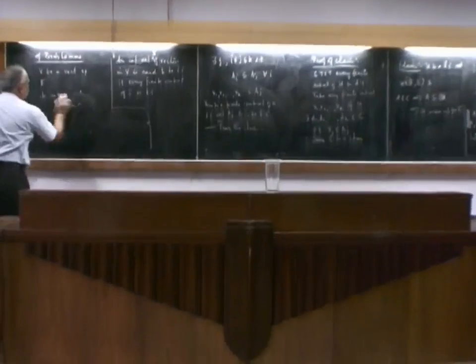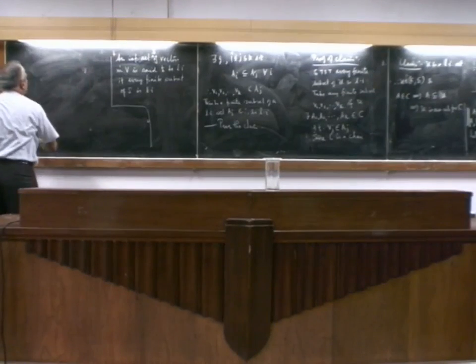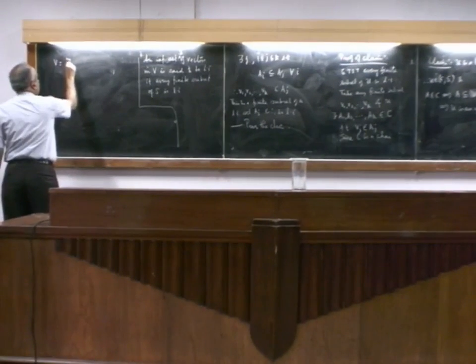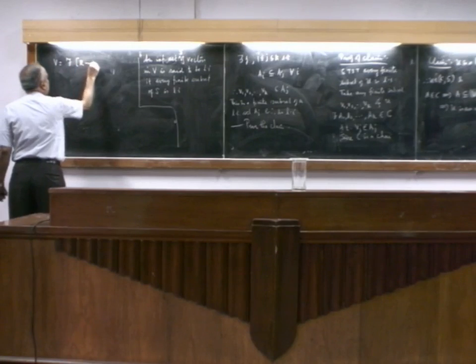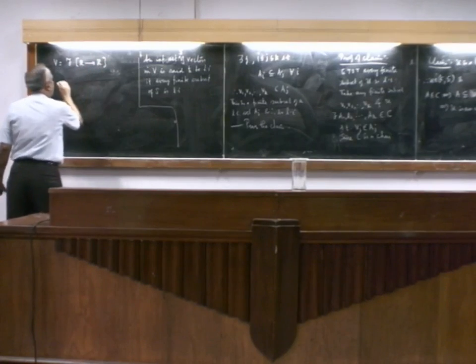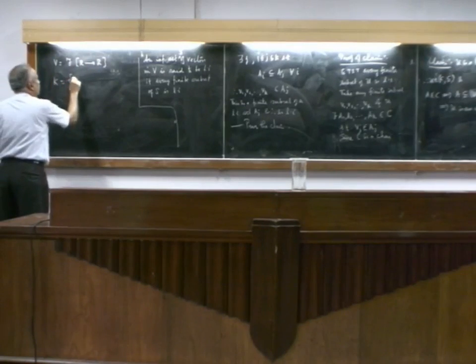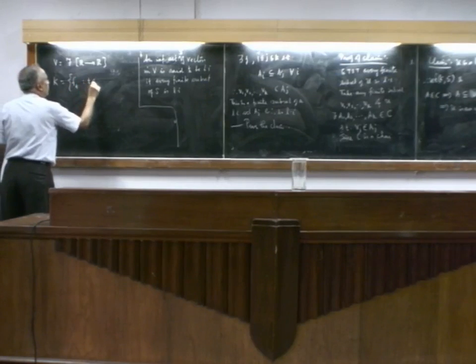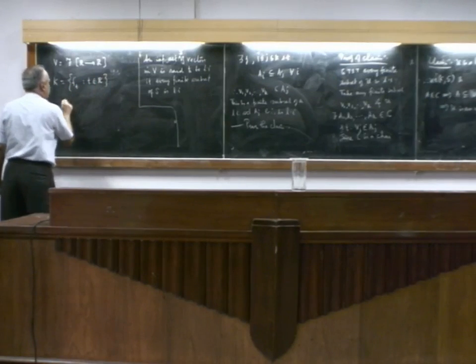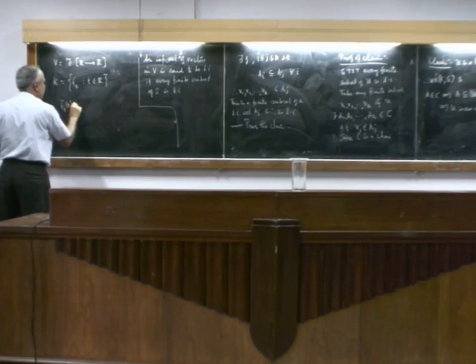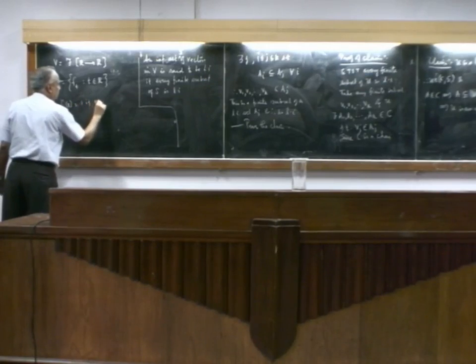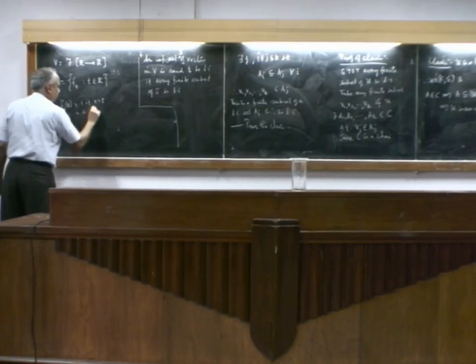I had this vector space of all functions from R to R and I had this set, the set of all f_t, t belonging to R, where f_t of x is 1 if x equals t, 0 if x is not equal to t.